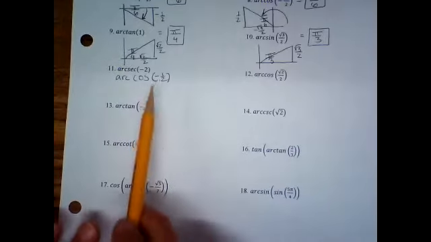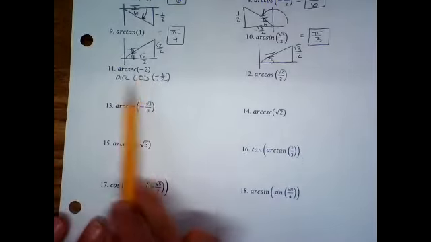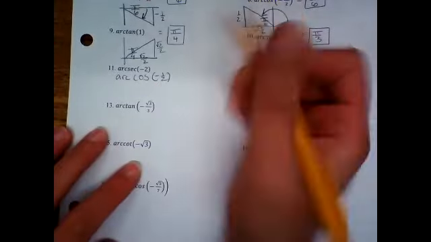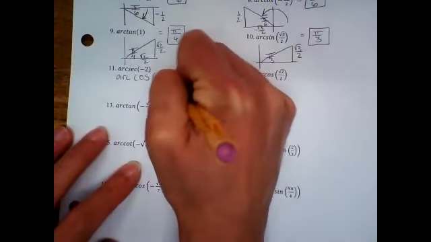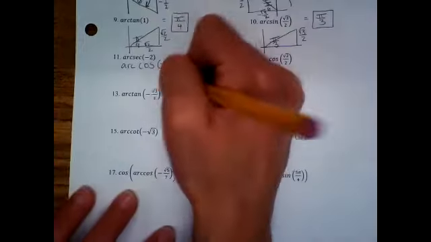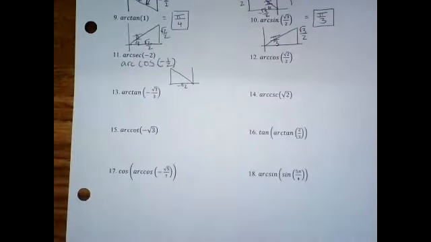Okay. It's negative and we're looking at arc cosine. So what quadrant would that put us in? 2, good. So draw your triangle in quadrant 2. Cosine is the x value, so the -1/2 goes along the x-axis.